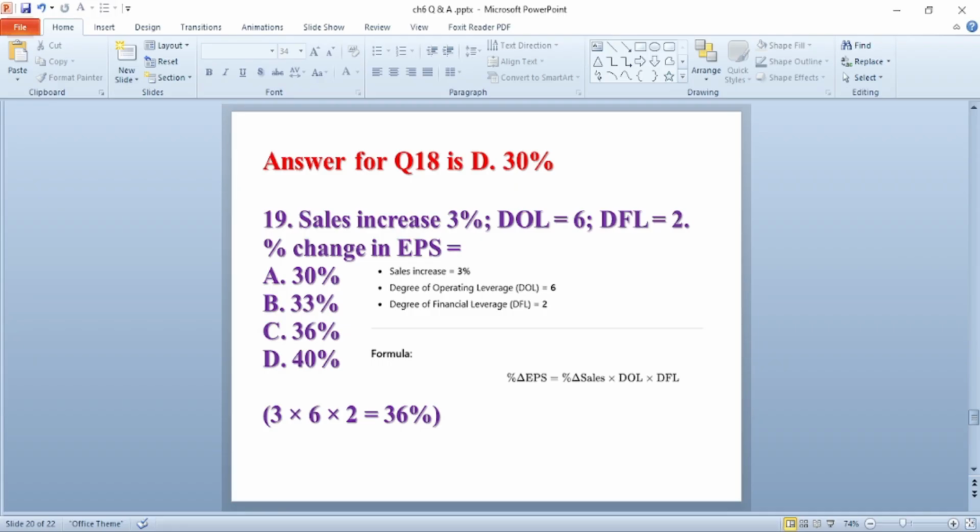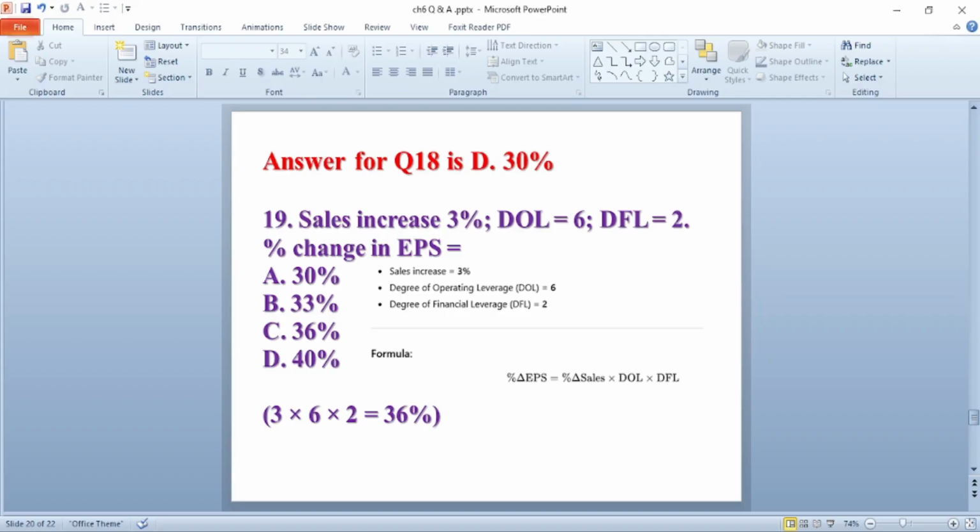Question number 19. Sales increase 3%. Degree of operating leverage is equal to 6. Degree of financial leverage is equal to 2. Percentage change in earning per share is equal to dash.